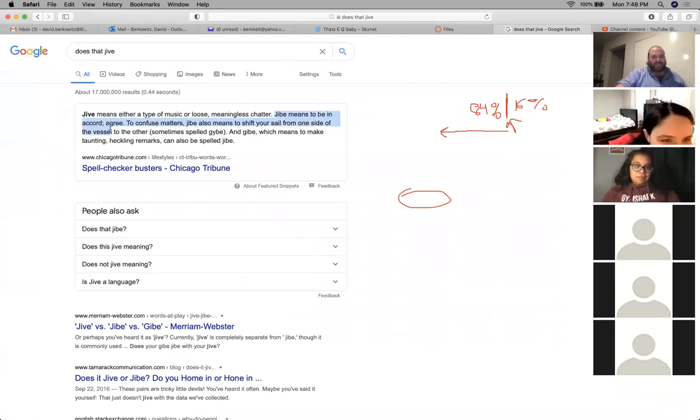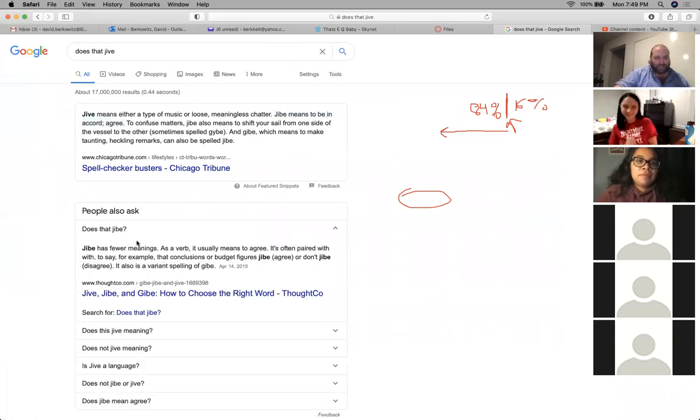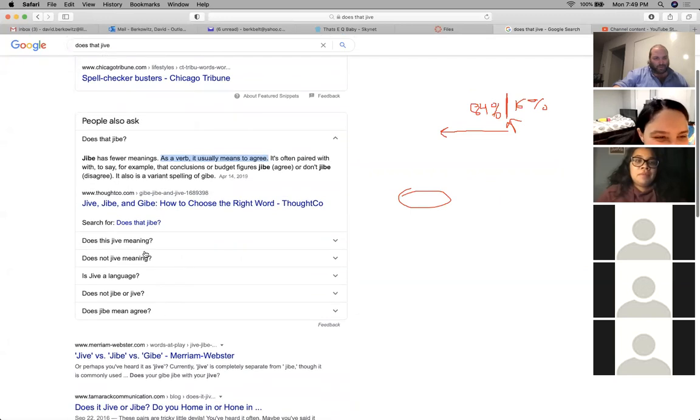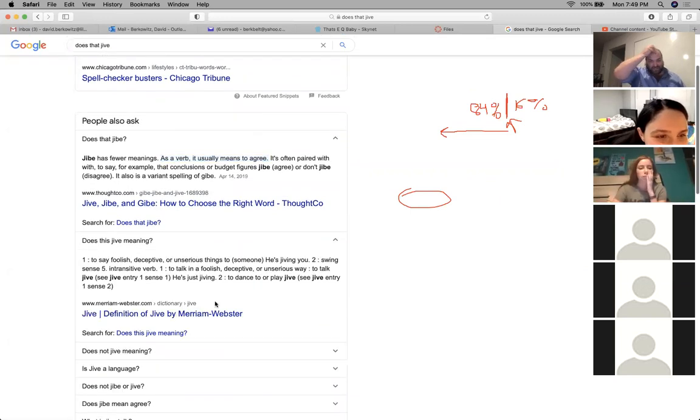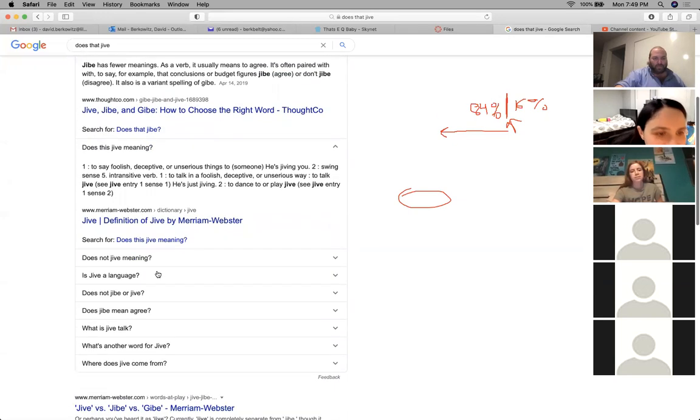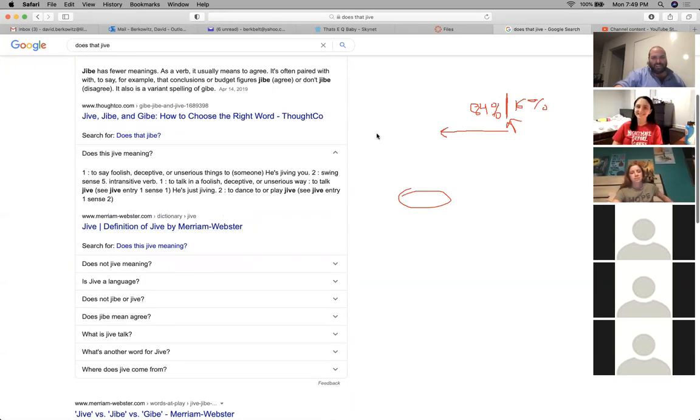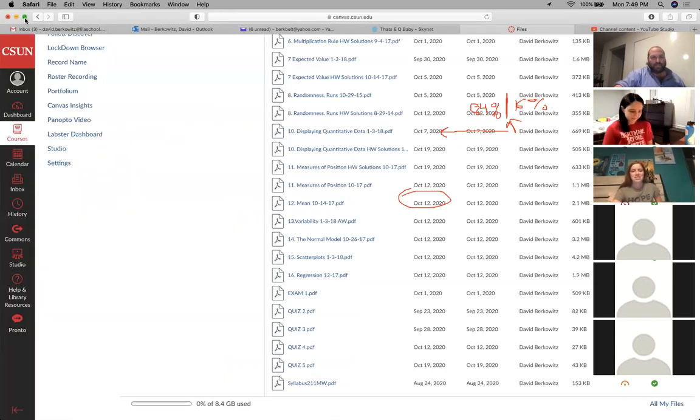Jive means to be in accord, to agree. But to confuse matters, jive also means to shift your sail from one side to the other. Look in the Urban Dictionary. Like the hand jive. Hey, watch your language there, buddy. He's jiving you, see? Interesting. So I was the only one confused, right? Fair enough. You're good. Okay.